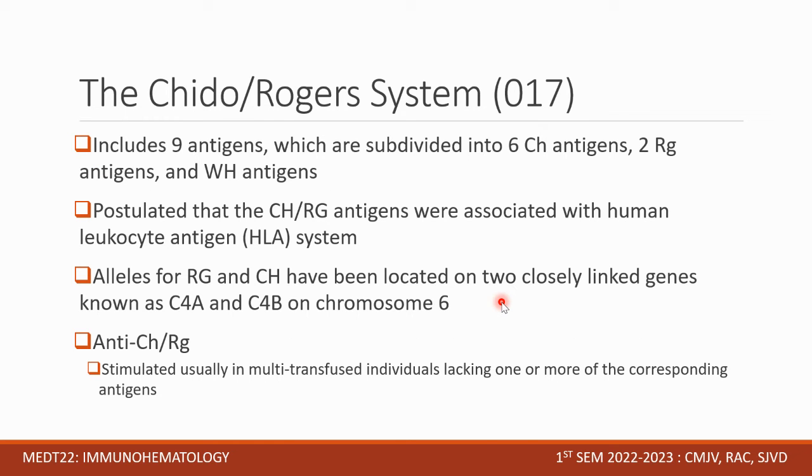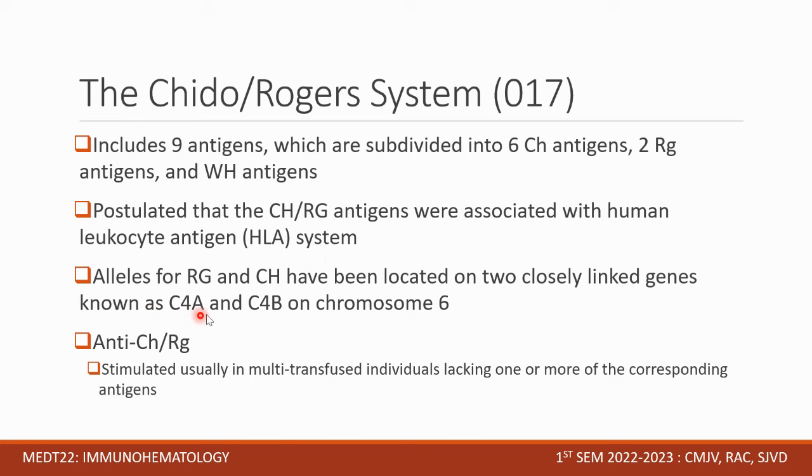The Chido-Rogers system, ISBT number 017, includes 9 antigens which are subdivided into 6 CH antigens, 2 RG and WH antigens. It is postulated that the Chido-Rogers antigens were associated with the human leukocyte antigen, or HLA system.